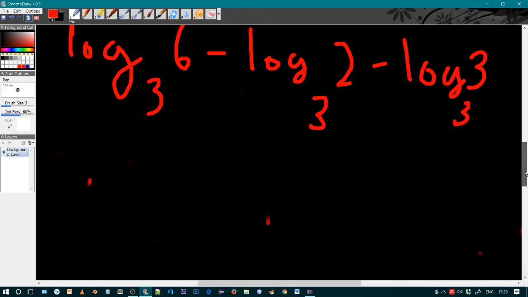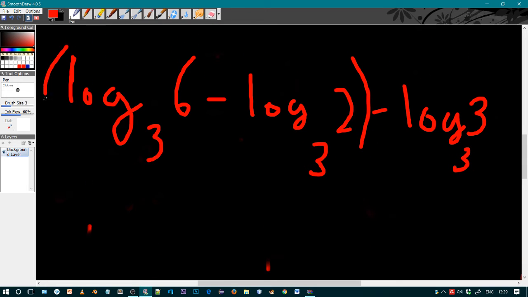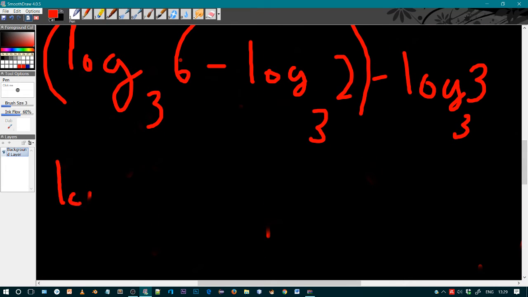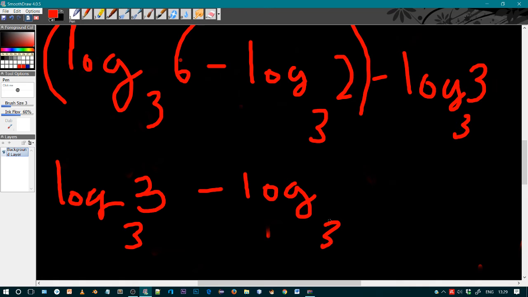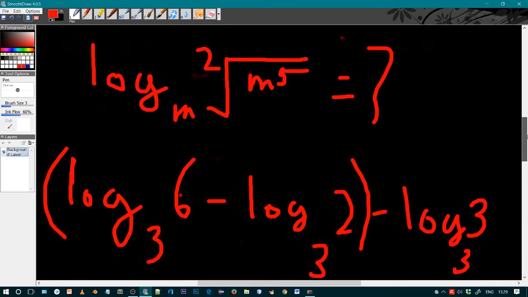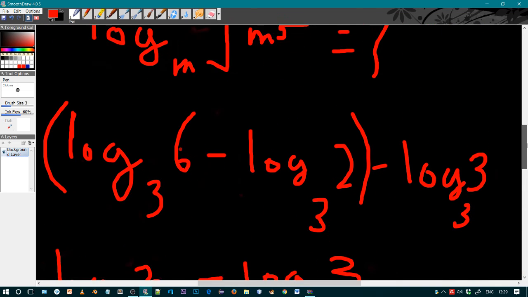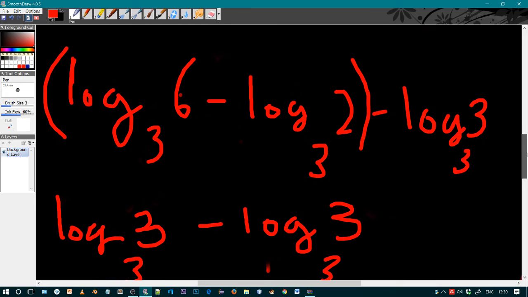Let's solve this question. So first we'll perform this operation right here. If there are three logarithms, you can't do 6 divided by 2 divided by 3. So you do log 3 of 6 divided by 2. 6 divided by 2 is 3, minus log 3 of 3.